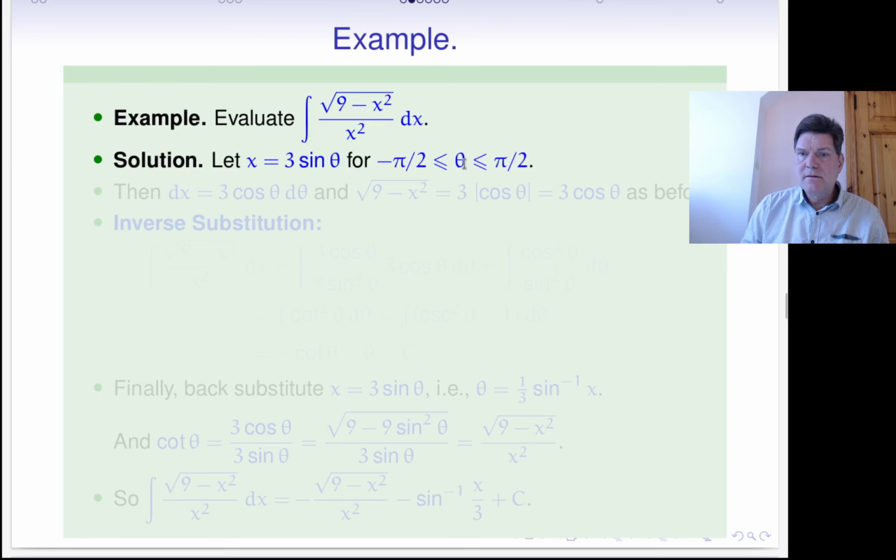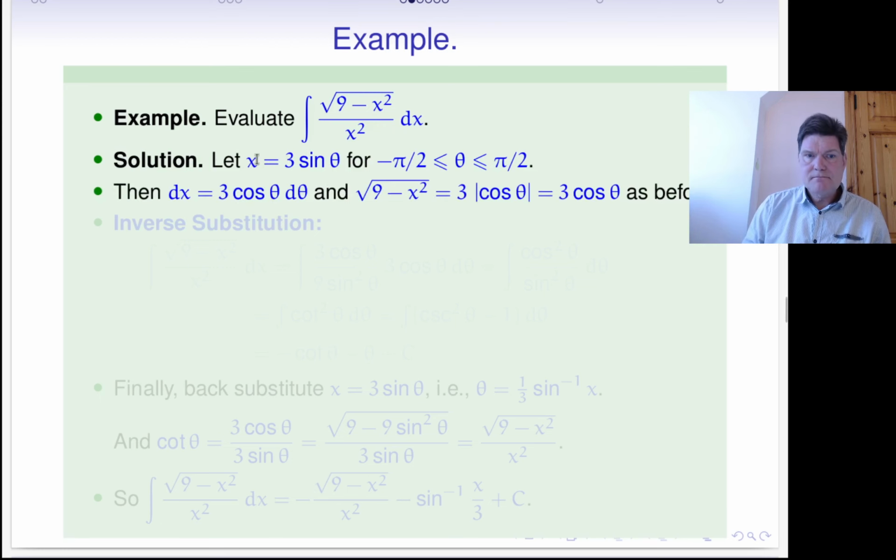Let's take the value of theta between minus pi over 2 and pi over 2. Then dx is 3 cosine theta d theta, differentiating x with respect to theta here gives dx as 3 cosine theta d theta.